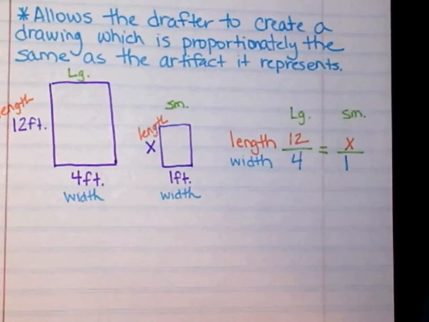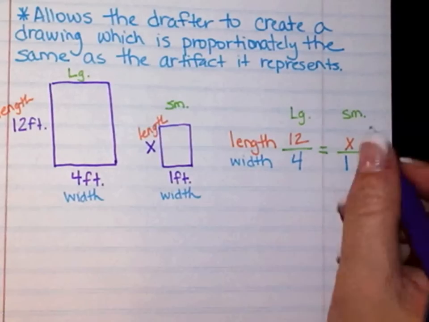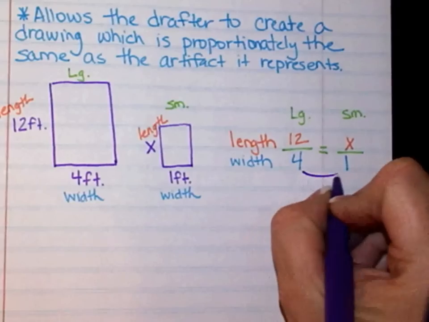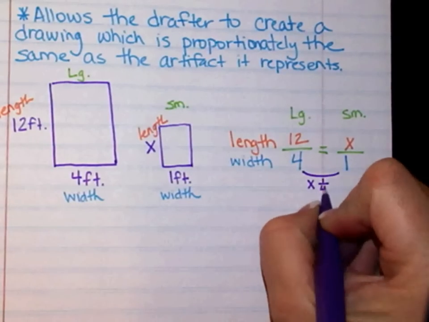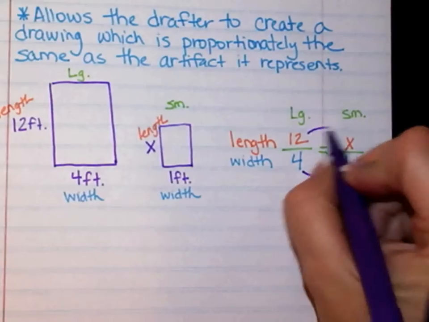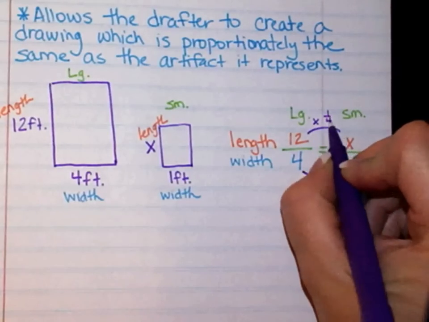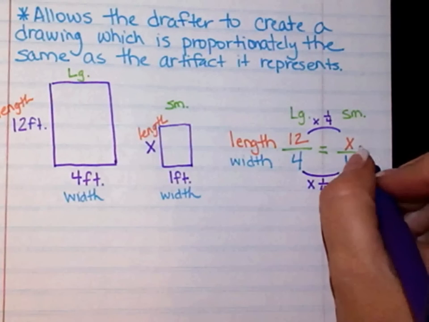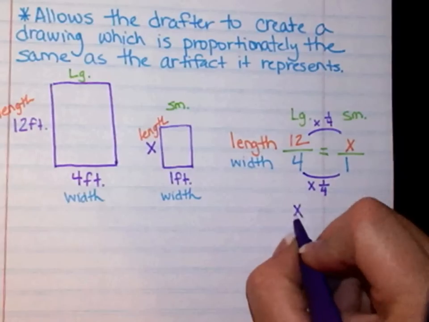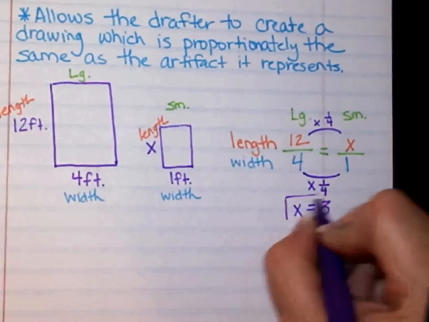We're going to use our regular strategies for proportions, which is find a scale factor. If I go from 4 to 1, that's times 1/4. Whatever I do to the bottom, I do to the top. 12 times 1/4 is 3, so X equals 3.